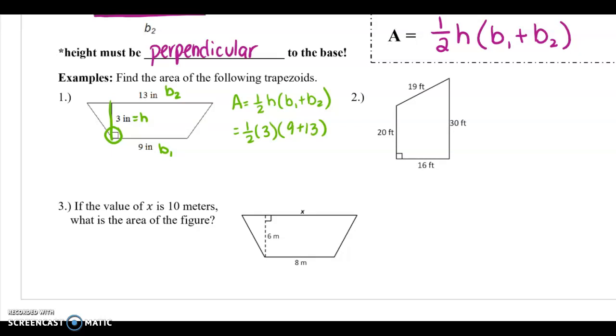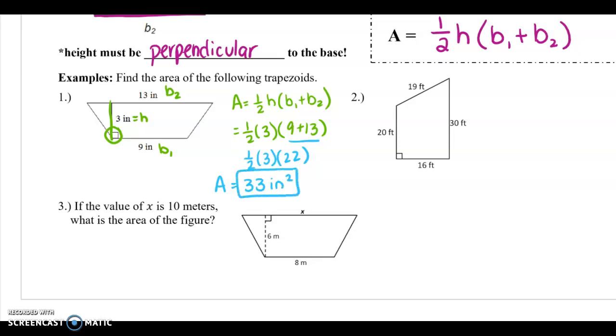The first thing I'm going to do is 9 plus 13, which is 22. So this is 1/2 times 3 times 22. So 0.5 times 3 times 22 is going to give me the answer of 33. So my area is 33 inches squared.